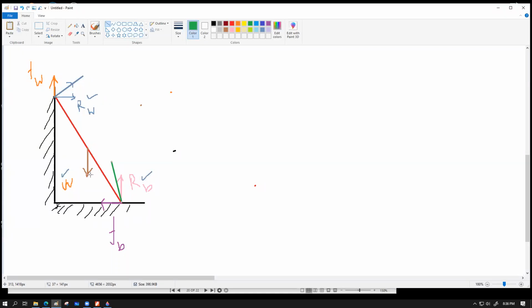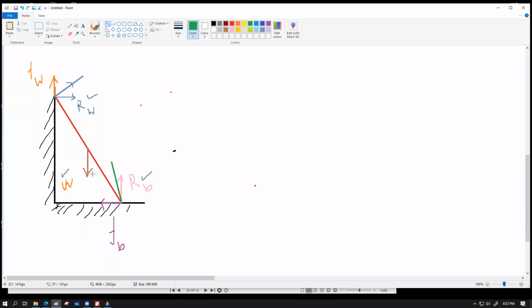Now, one of the logics that I did tell you in earlier classes is that for an equilibrium of moment, multiple forces should definitely go to the same point. I mean, if you extend the line of action of the multiple forces in an appropriate way, then they should all coincide somewhere.